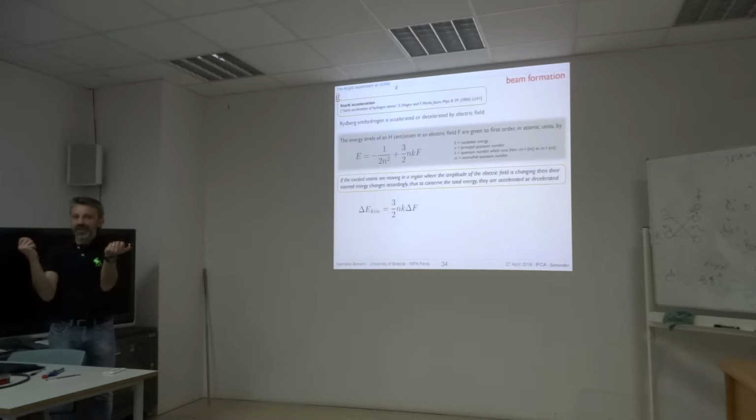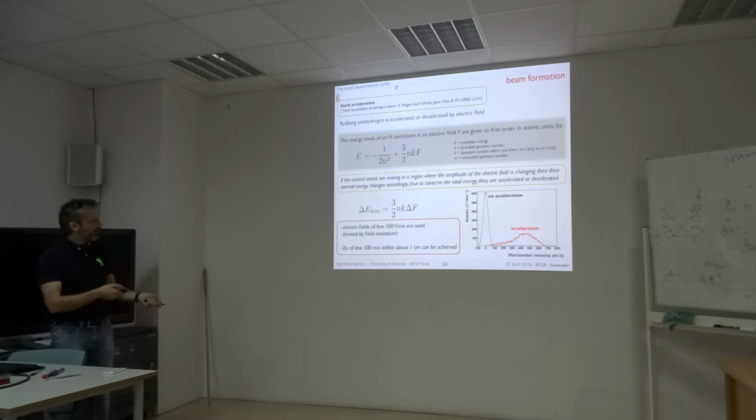It can be in both directions. That's why some of them you decelerate, some you accelerate. But in this way, you are able to accelerate to a horizontal velocity of a few hundred meters per second with an electric field of a few hundred volts per centimeter.